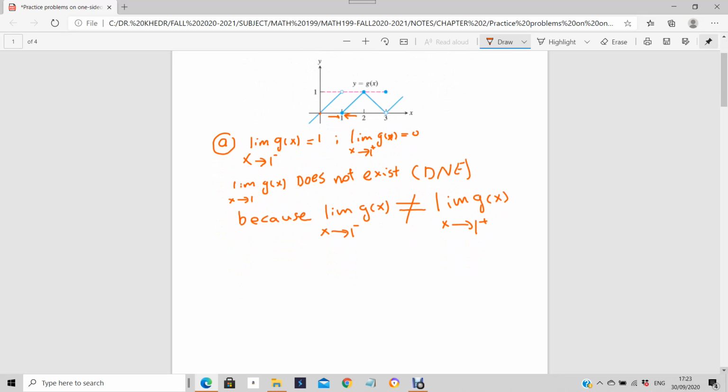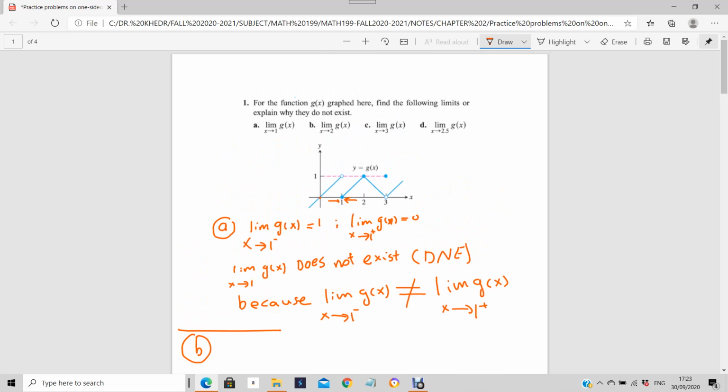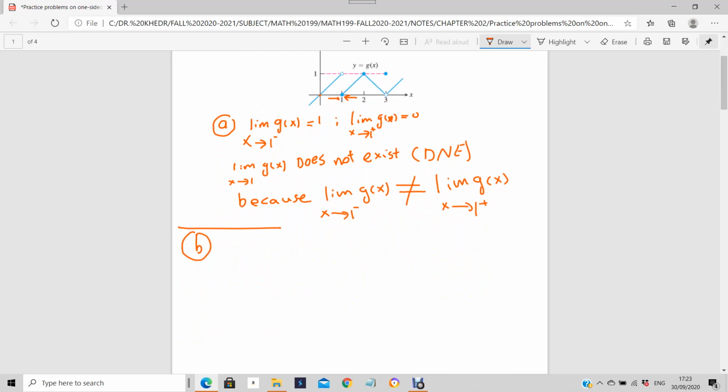Now we have to do the same thing for the next value of x. So for part B, we'll talk about x equals 2. The next point will be as x approaches 2 from both sides. So we have to find the left side limit and the right side limit.